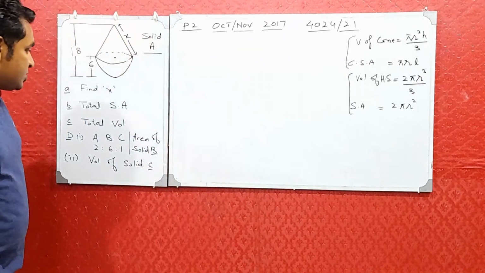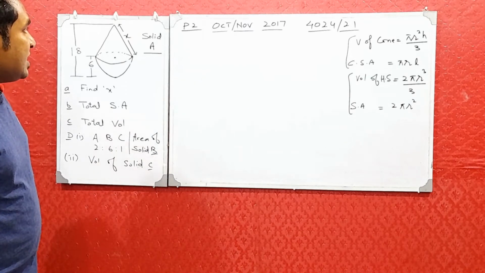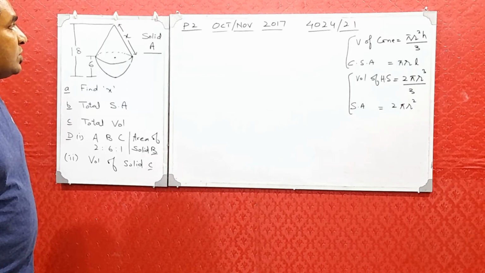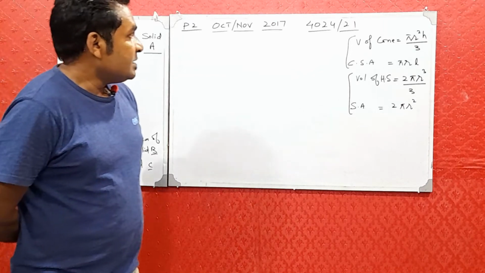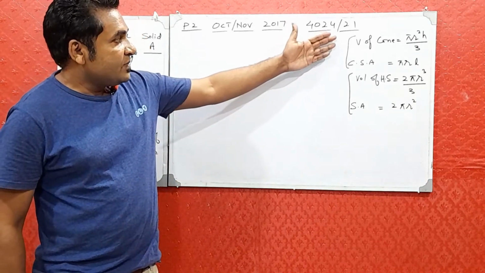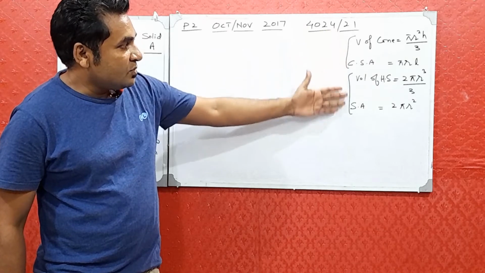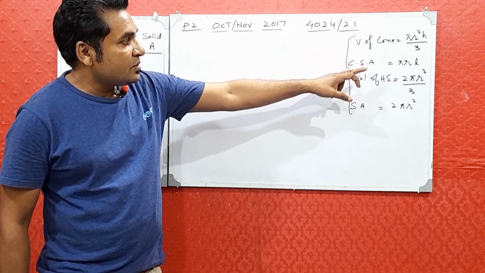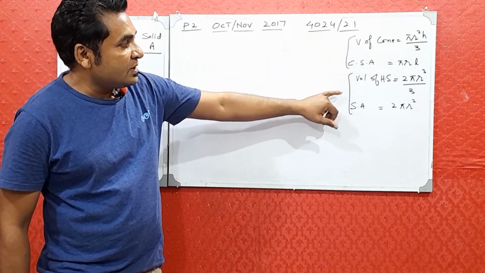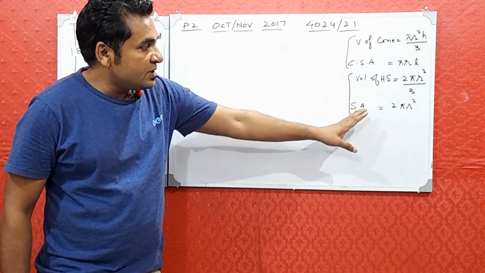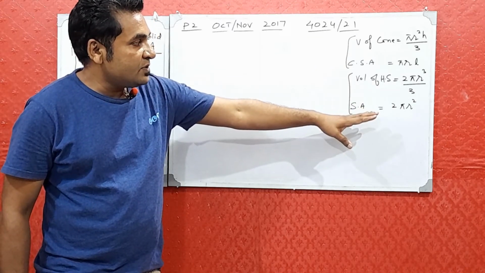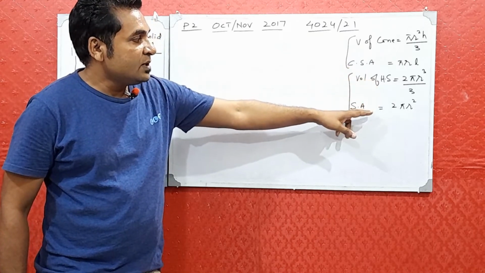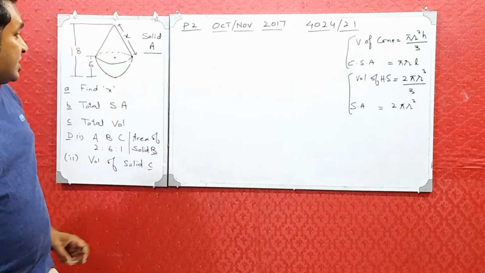This question came in P2, in October/November 2017, and the plus point was that these formulae were given: the volume of cone and curved surface area of cone, as well as the volume of hemisphere and the surface area of the hemisphere. Actually it was given about sphere, but I have converted it into hemisphere.